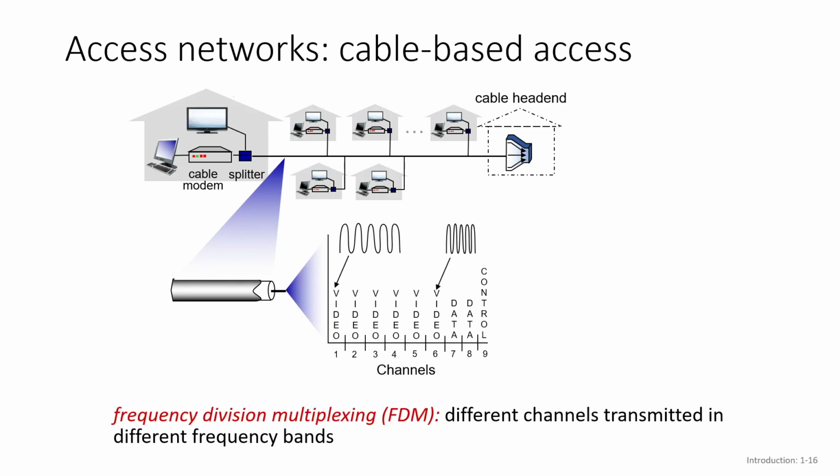Cool. Now we have different mediums of accessing the internet, and this is a very old one. This is one of the oldest mediums of internet we used to have. You have a cable that basically connects from a source to multiple other people.